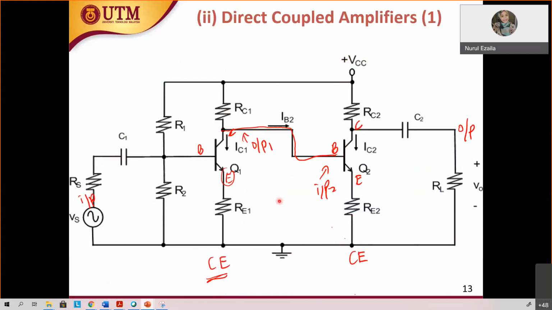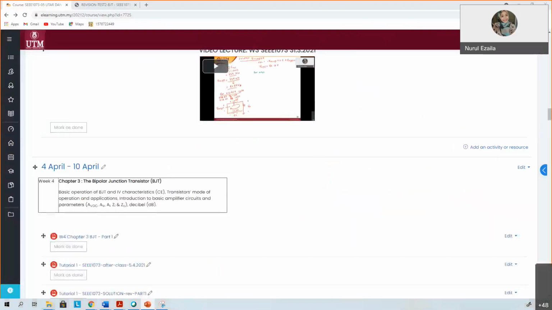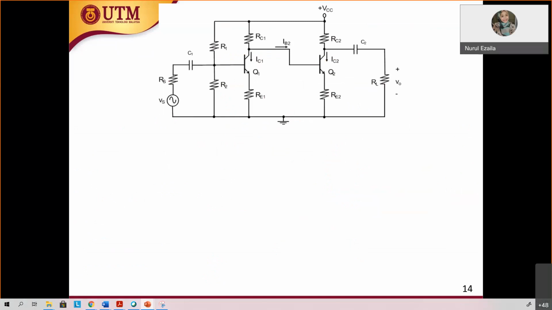So let's draw together the AC equivalent circuit. We have more time, so I better do it together with you. You said just now the first stage is common emitter. The second stage also common emitter. So let's draw the AC equivalent circuit.